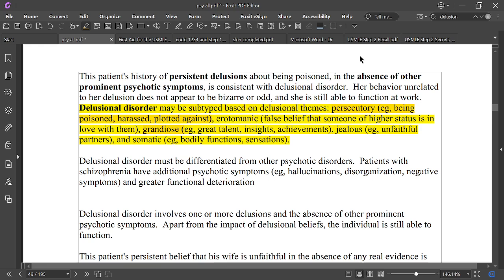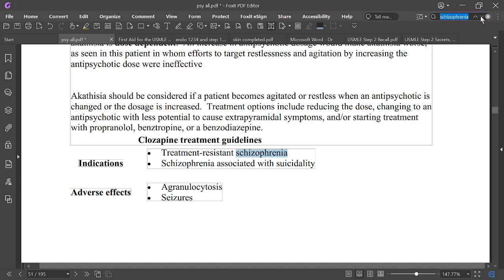This is all about schizophrenia, one of the important topics in psychiatry.